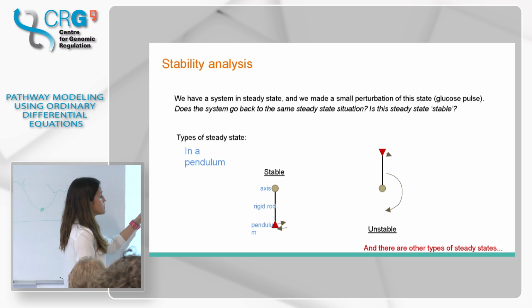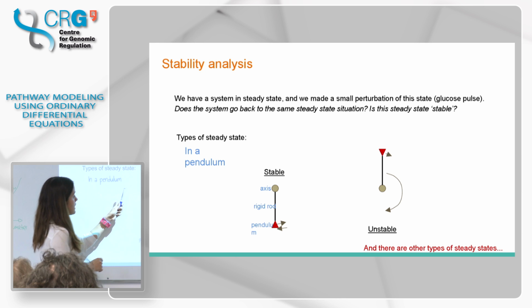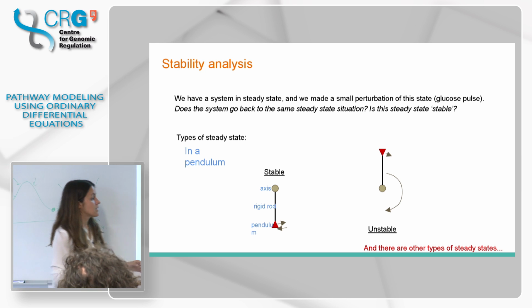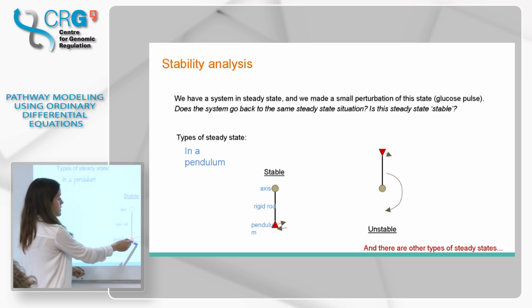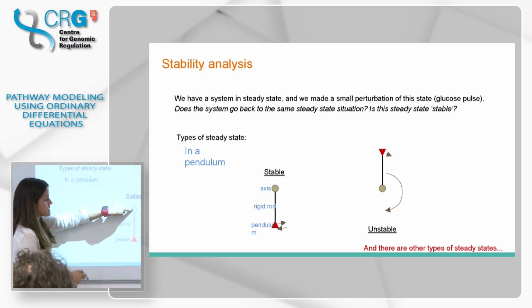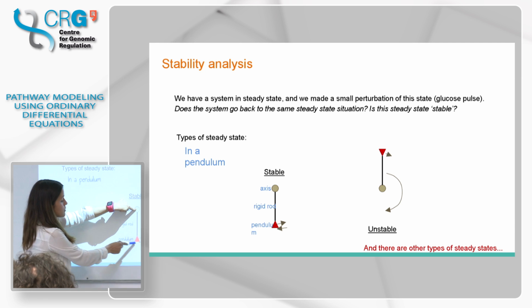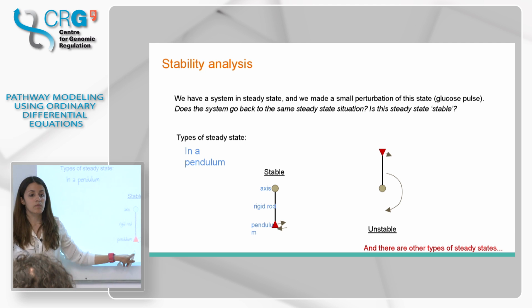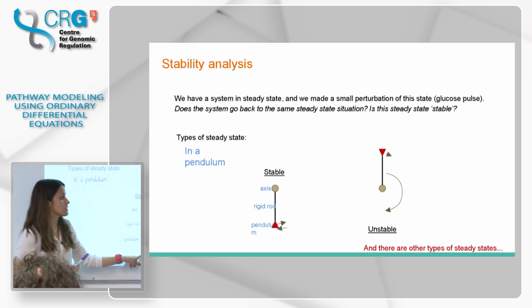So for example, imagine we have a pendulum. In a pendulum, we can have two different types of steady state. If we have the pendulum down here, this is the axis and this is a rigid rod. If I move the pendulum a bit to the right, it will bounce a little bit, but it will come back to the same steady state situation.